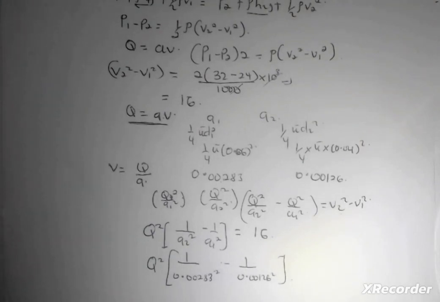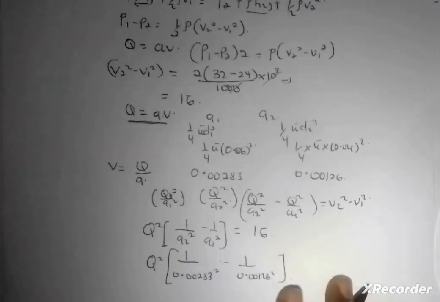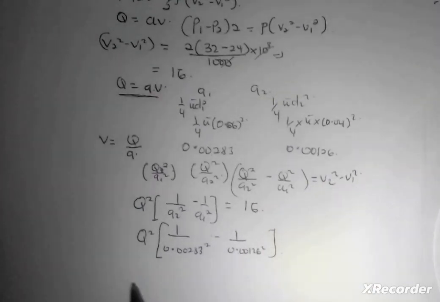So 1 out of 0.00283 squared minus 1 out of 0.00126 squared. I should have interchanged it rather, yes.